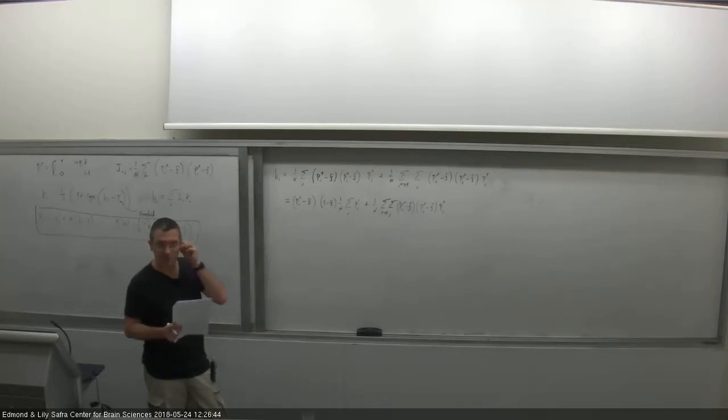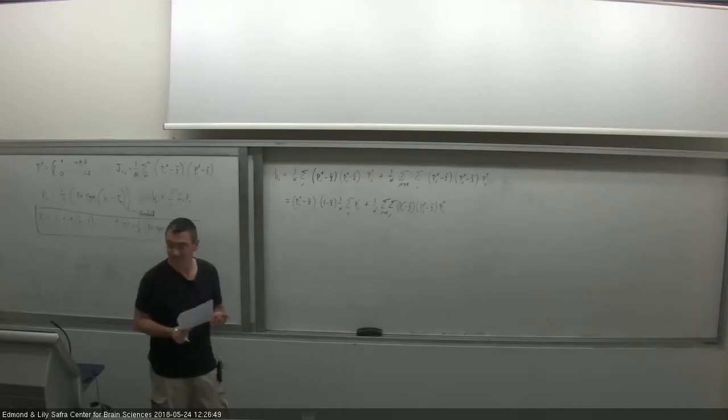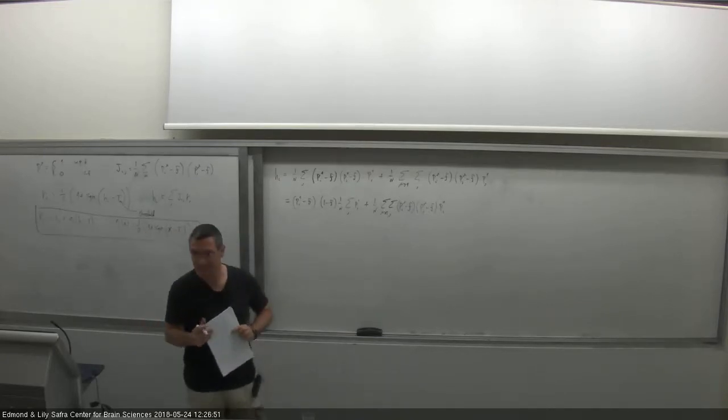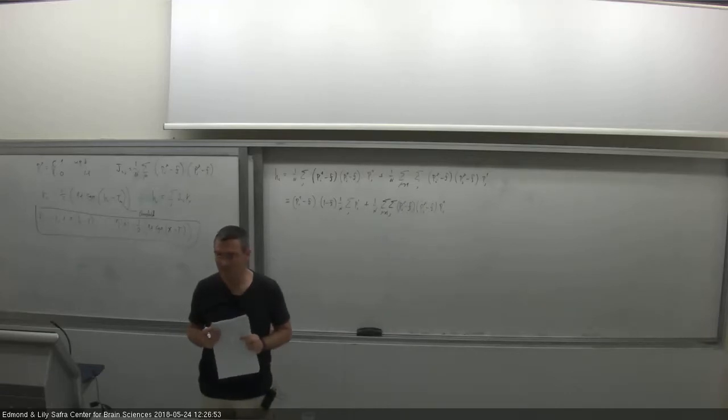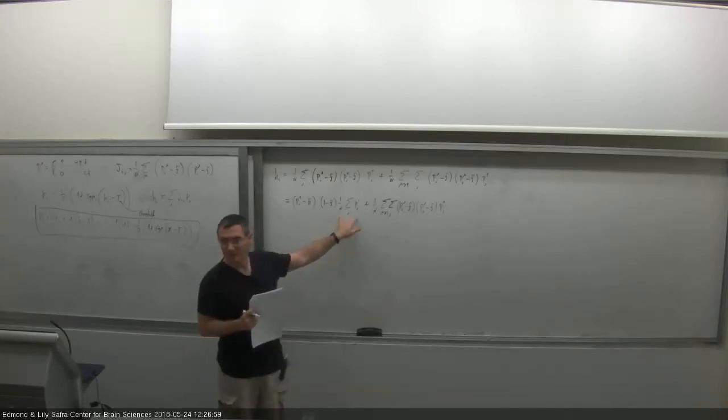pj1 is equal to 1 or 0 with a probability f. So this is almost f. Why am I saying almost? Because the memories are stochastic. So this is approximately equal to f. More precisely, there's a distribution here.